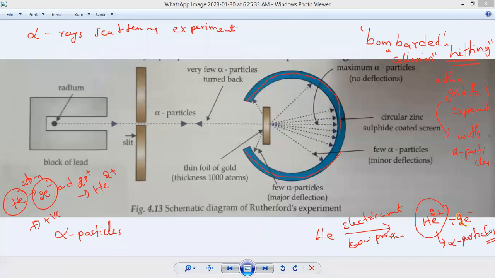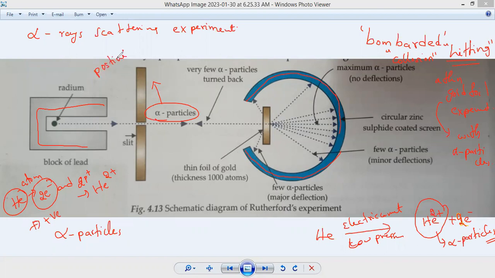So remember that alpha particles are positively charged helium nuclei emitted from a radioactive source. This is the radioactive source. From this, I am emitting the alpha particles. These alpha particles are called positively charged helium nuclei.